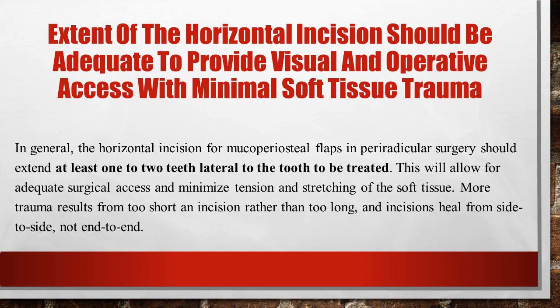So your vertical incision should be at least on the distal side of the maxillary right canine, and the other vertical incision should be at least on the mesial side of the left lateral incisor or the distal side of the left lateral incisor. It's a little confusing when it is said in words.